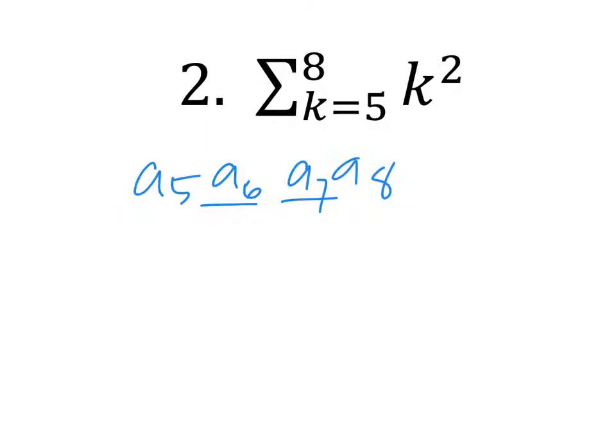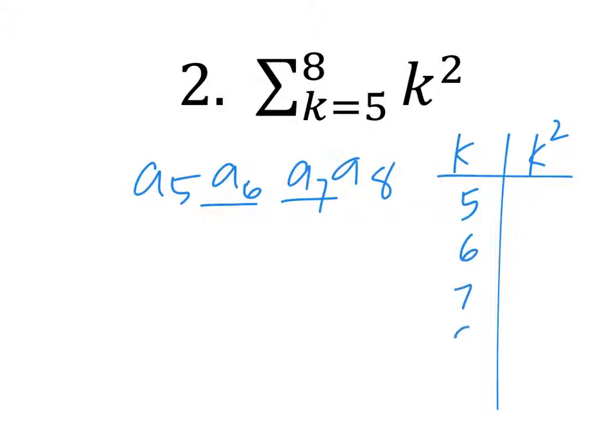Okay, well, what are the numbers? Let's plug it in. K goes here. It's kind of like your x. And then k squared goes in here. So we are starting at term 5, 6, 7, 8. So how do you figure out what that number is? Plug it into the formula. It says A5 is such that you square that 5.